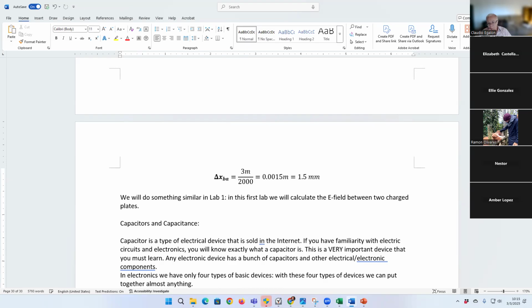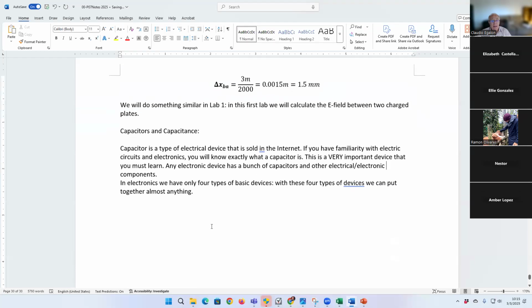Think about that. People managed to narrow down to only 4 devices that you can end up using almost everywhere, just like my computer screen. The computer itself is made up of 4 devices only, and capacitors is just one of them.